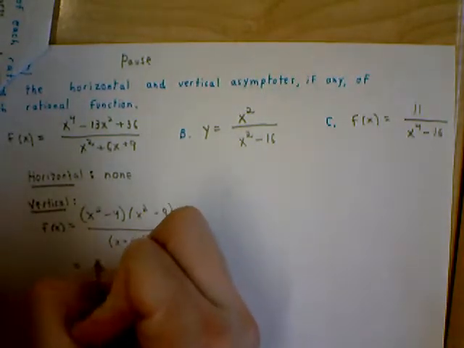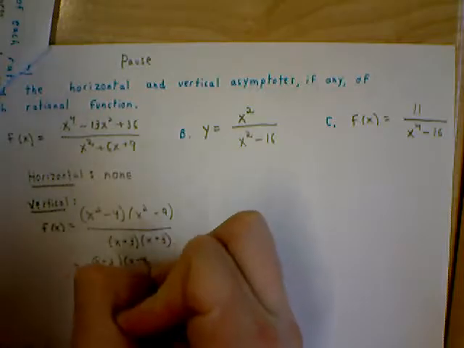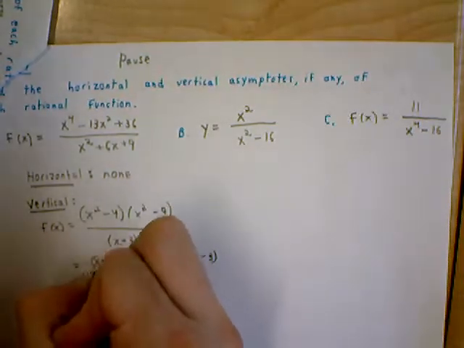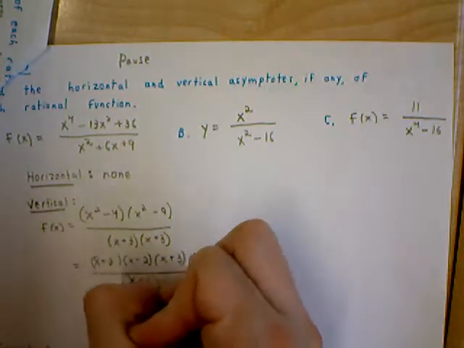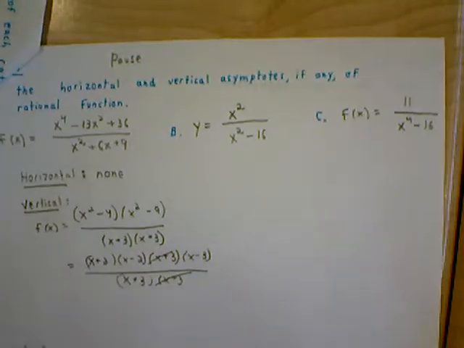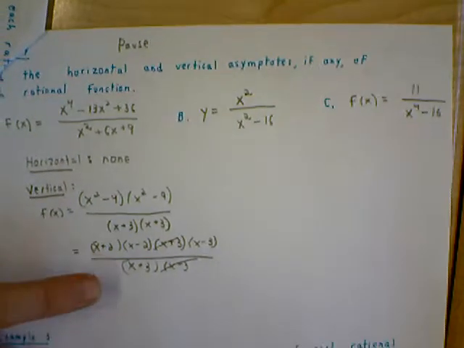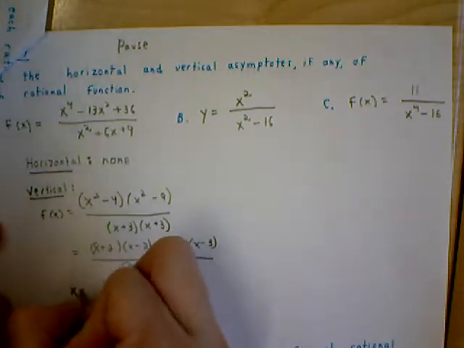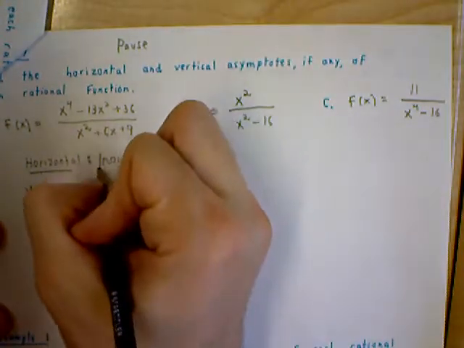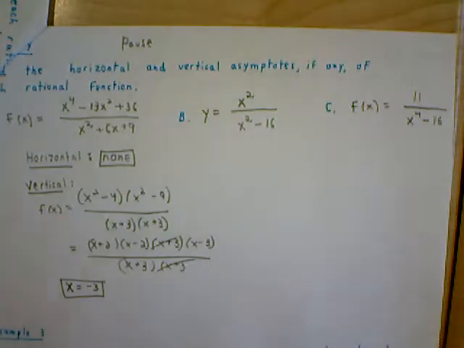Let's keep going. I have x plus 2, x minus 2, x plus 3, x minus 3, over x plus 3, x plus 3. Let's cancel one of the x plus 3's. The only x value that makes our denominator 0 is negative 3. So here's our vertical, here's our horizontal.